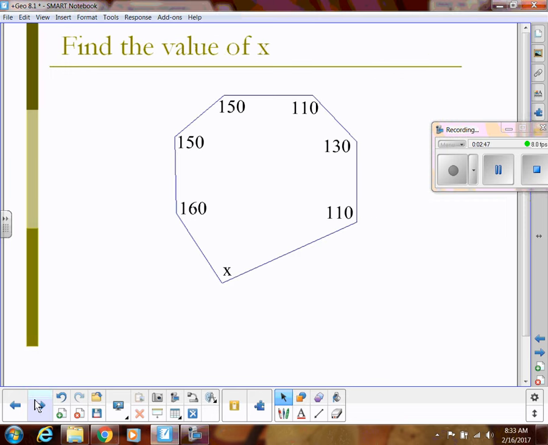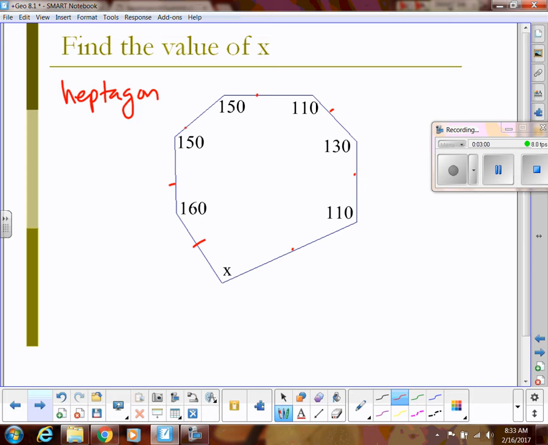So let's do that. Here we have, let's see, how many sides do we have? 1, 2, 3, 4, 5, 6, 7. So this is a heptagon, which means that we would have 7 minus 2 times 180, and we just did that, right? So 5 times 180 is 900. So we know there's 900 degrees total in this heptagon.